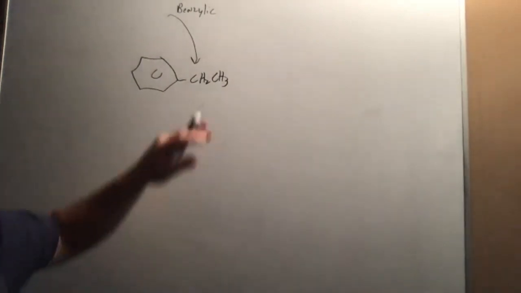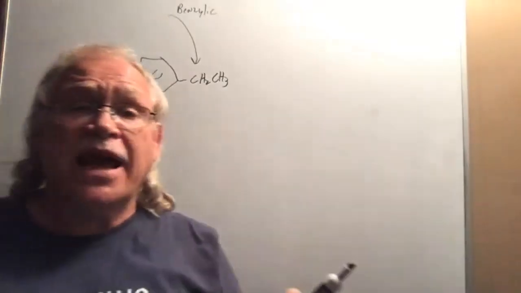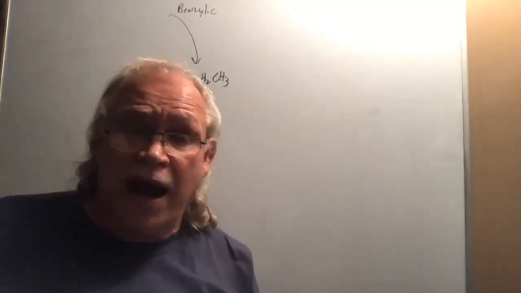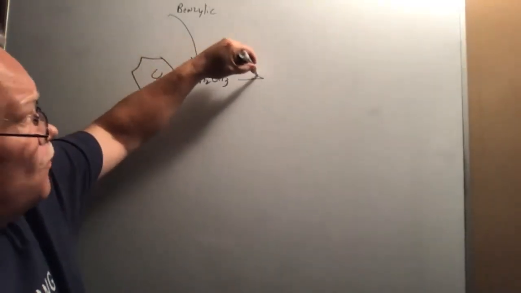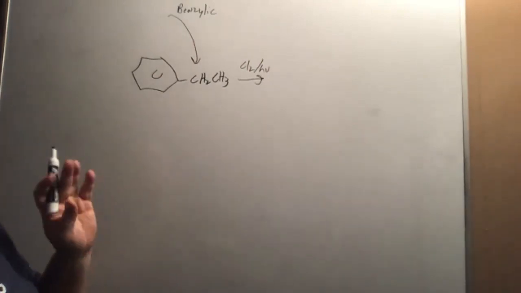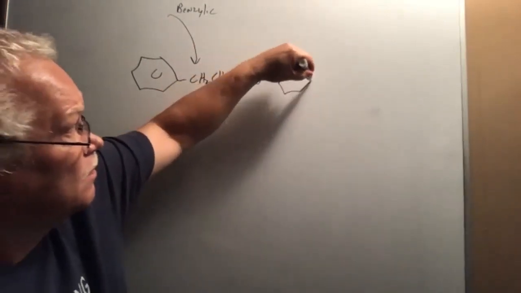It's the position of the carbon that's attached directly to the aromatic ring. This position is very special. It will undergo free radical reactions, SN1 reactions and SN2 reactions. So if I were to just take chlorine in the presence of light, that's a free radical reaction. The most reactive position is the benzylic position.